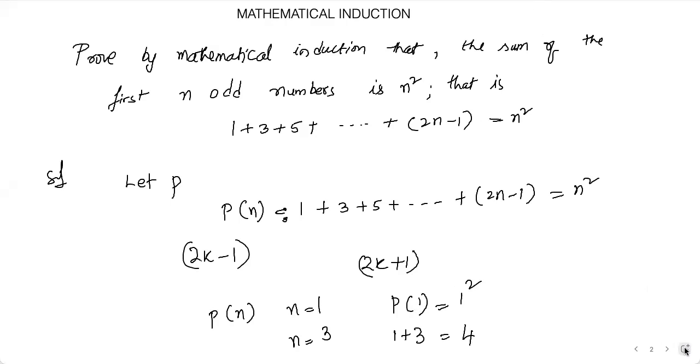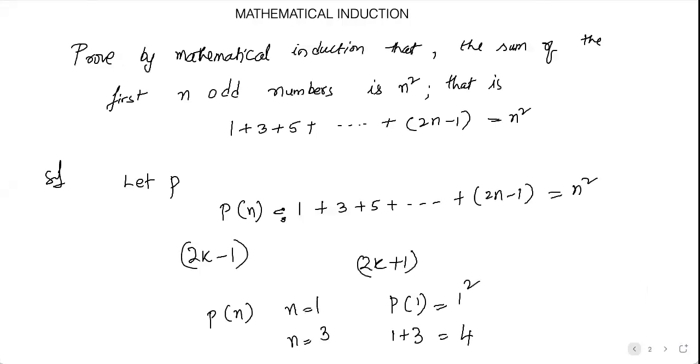Now let us assume P of k is true, and add 2k plus 1 on both sides.